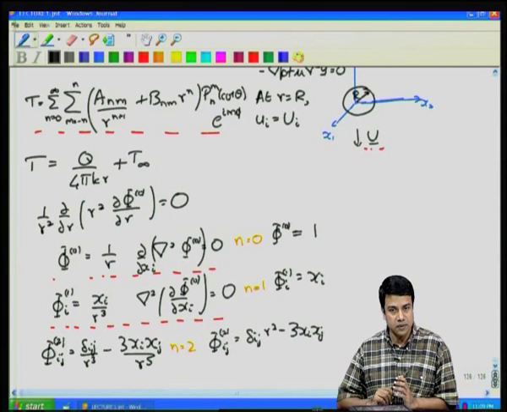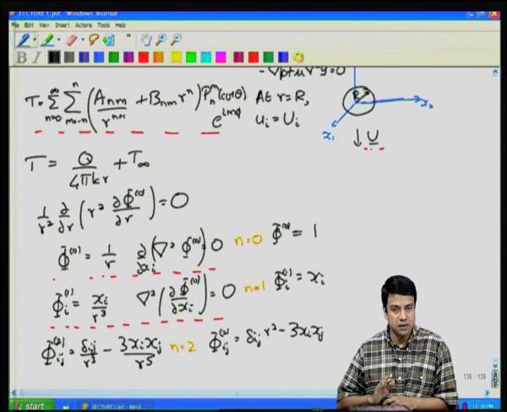But there were two reasons why I went through this. One is the calculations that we do a little later will become far more simpler. The second really is to assign a physical interpretation to each of these harmonics. As we saw in the fundamentals of transport processes 1, the first solution n is equal to 0 corresponds to a point source, where there is a net heat coming out of that point source.